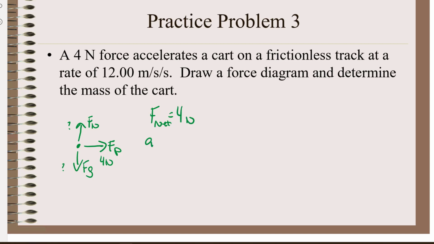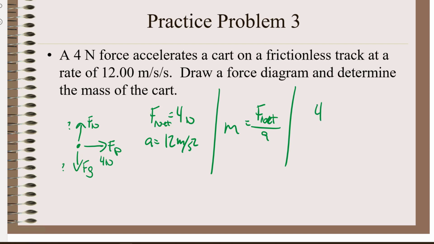We've got an acceleration of 12 meters per second squared. We can solve for the mass by doing this: 4 newtons over, and let me make that a little bit better so you don't think that's a 9, 12 meters per second squared.